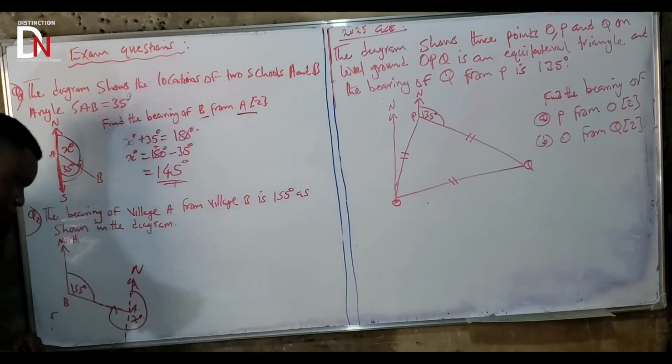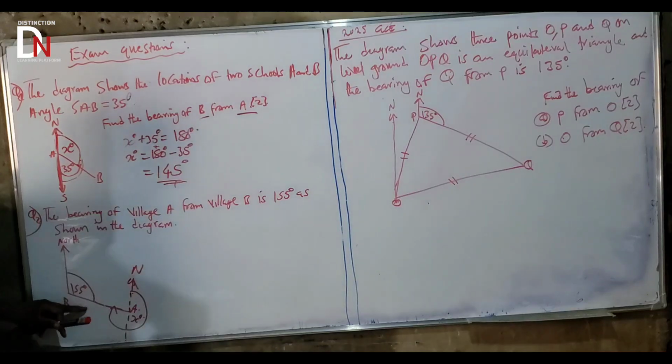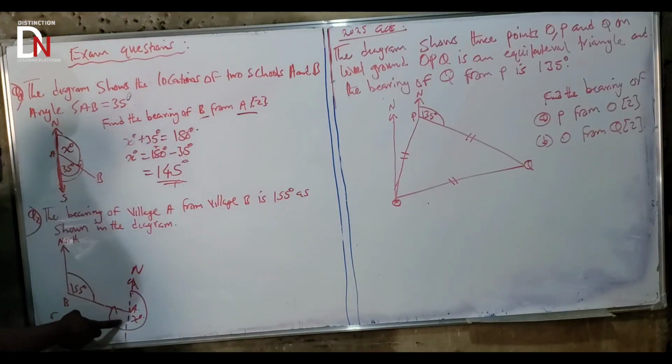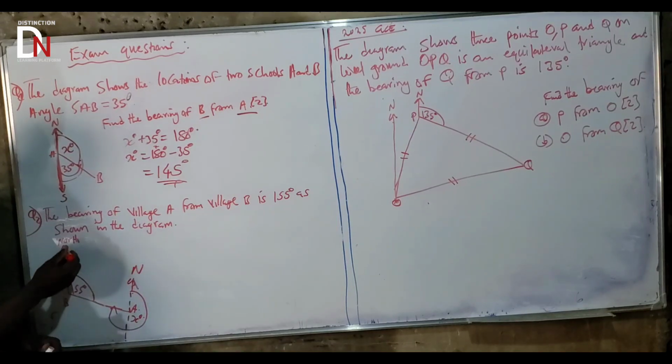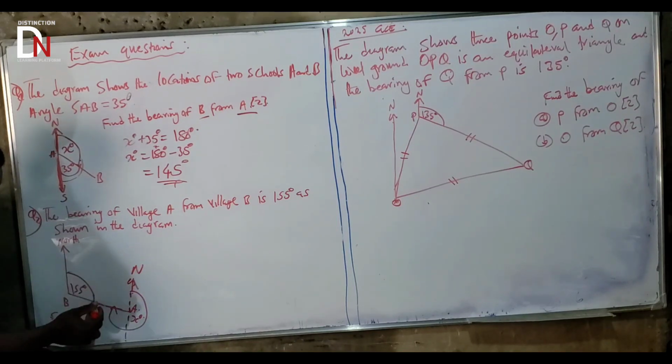Now, there are so many ways one can solve this. So if you look at this, this is 155. Two alternating angles are equal. Remember this.